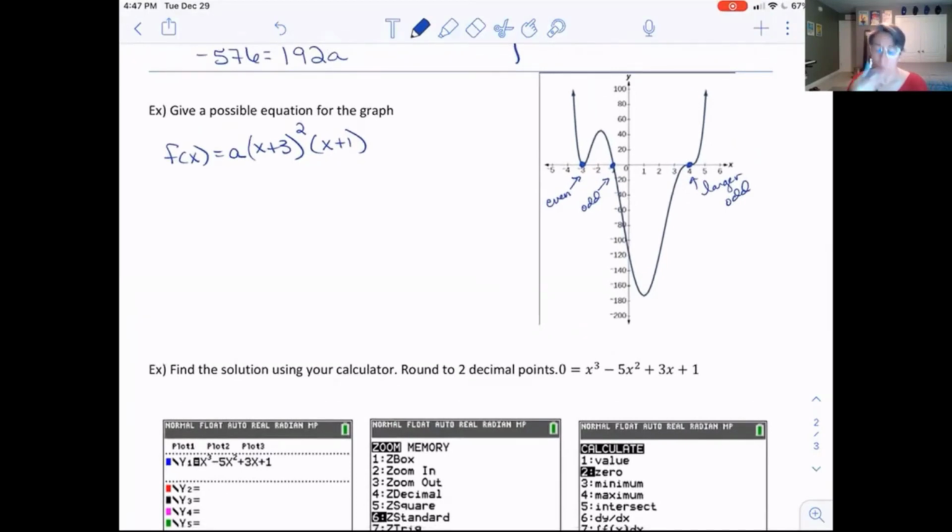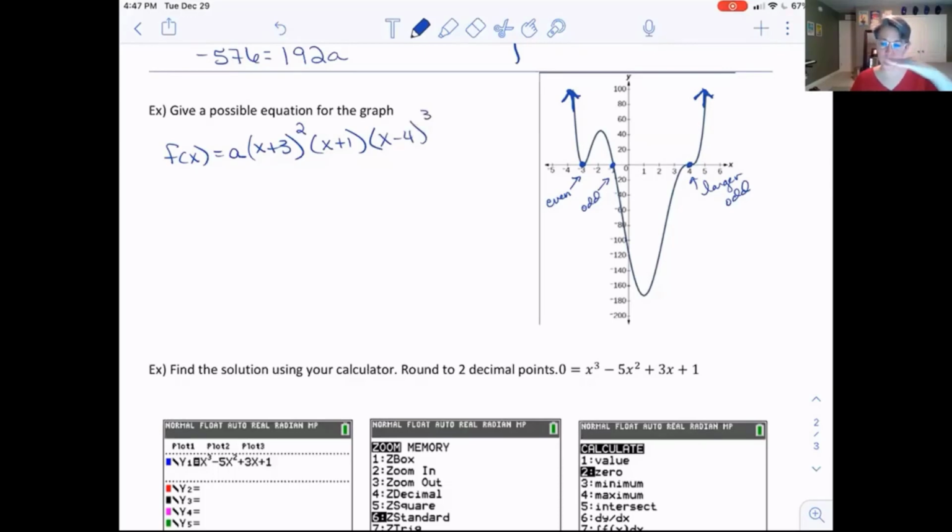But we know the fact that it is opening up in both directions. Look at this end behavior. Not only is our a positive, but our degree is going to be even because it's going in the same direction. And since that 4 is flattened out, more than likely, that guy is a cube instead of to the first power, a little higher exponent.